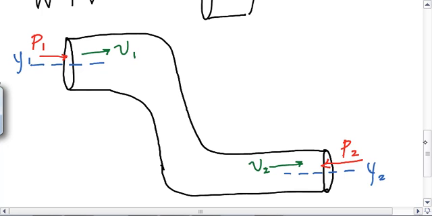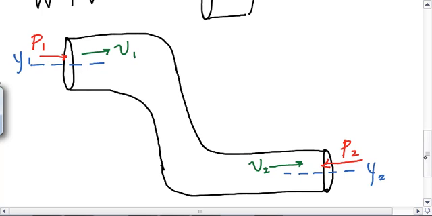Now the force due to the pressure is not conservative. It's non-conservative. It's not the gravitational force. It's not a honorary spring force that we pretend is conservative for the sake of our class, and it's not an electric force. The pressure force is not one of our conservative forces.